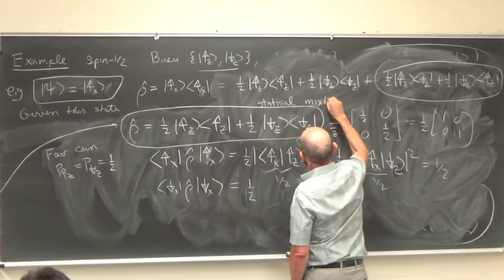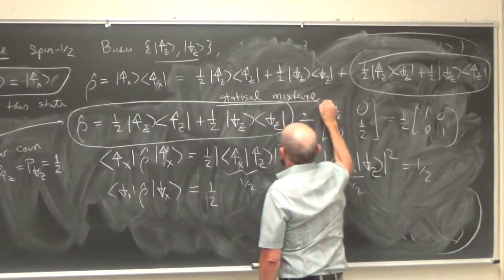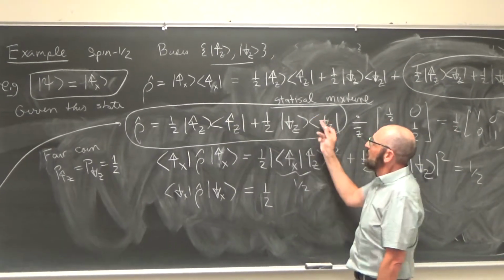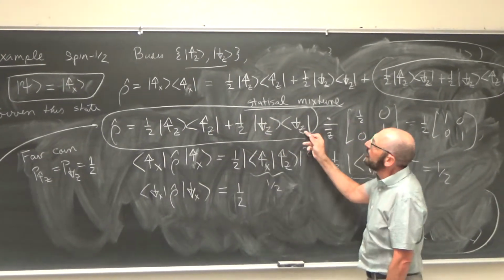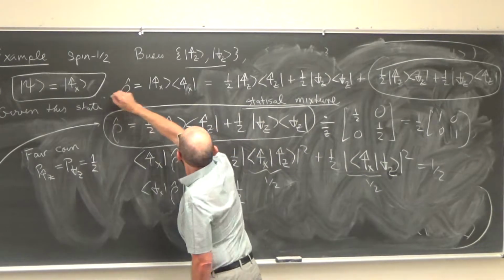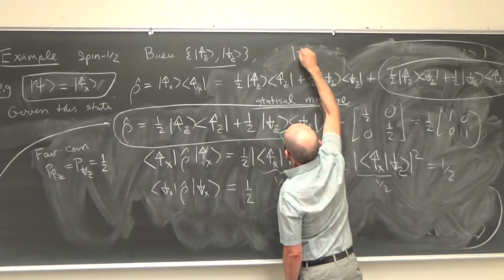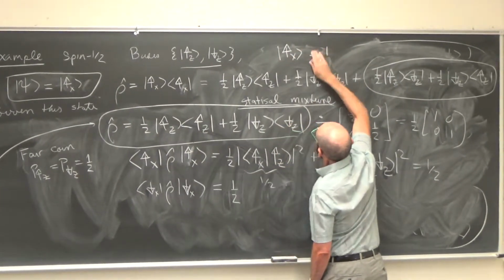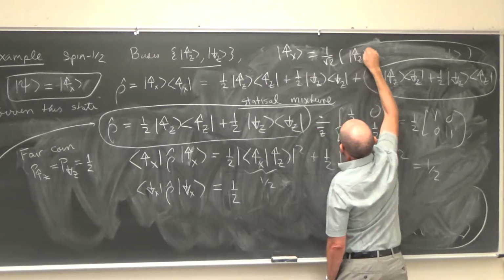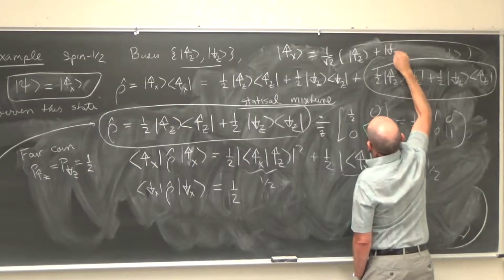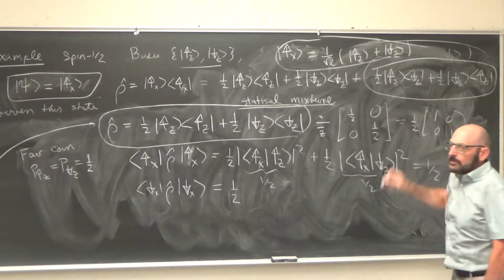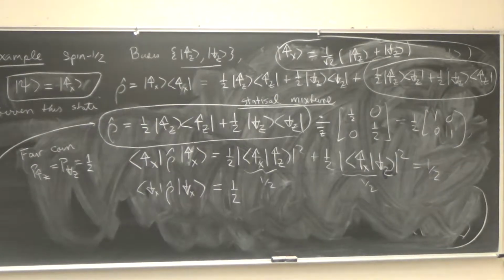A statistical mixture is a kind of classical probability of different alternatives in comparison to this state, which we wrote up here, which is a coherent superposition. And that's reflected in these coherences.